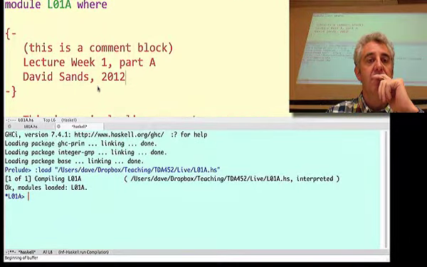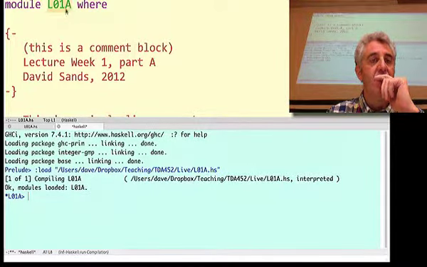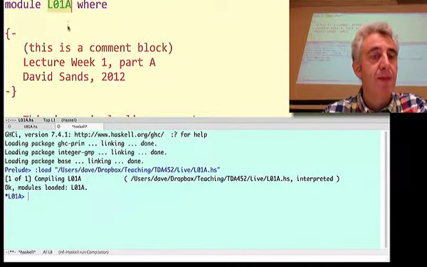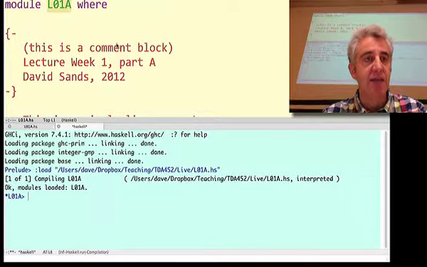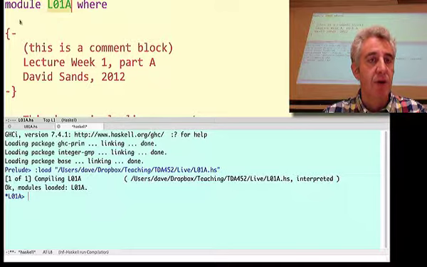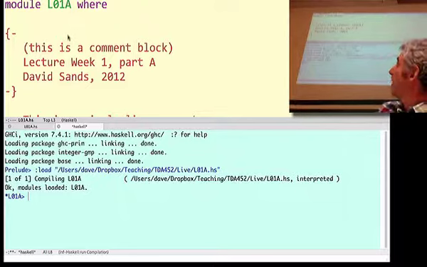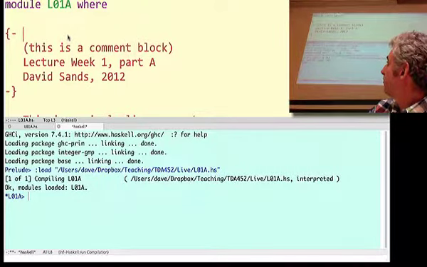I've got a file here, called L01A, Lecture 1, Part A, .hs, that's the name of the file down there. This is Emacs, if you're wondering which text editor this is. Emacs is nice because it has a Haskell mode, so you'll notice that the stuff typed in here is coloured in various ways. I don't know how visible that is at the back, but hopefully it's reasonably visible.